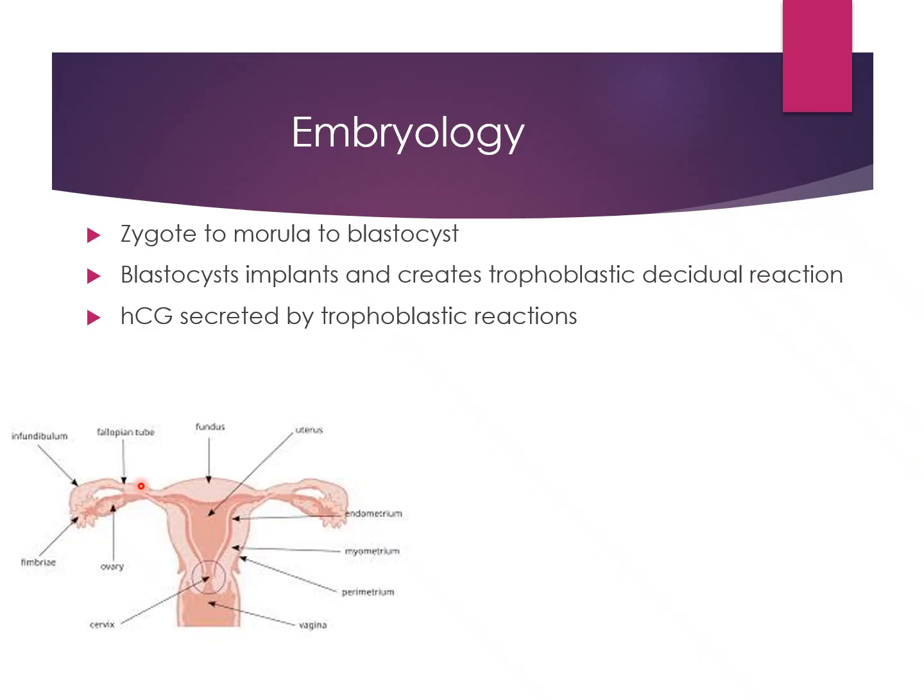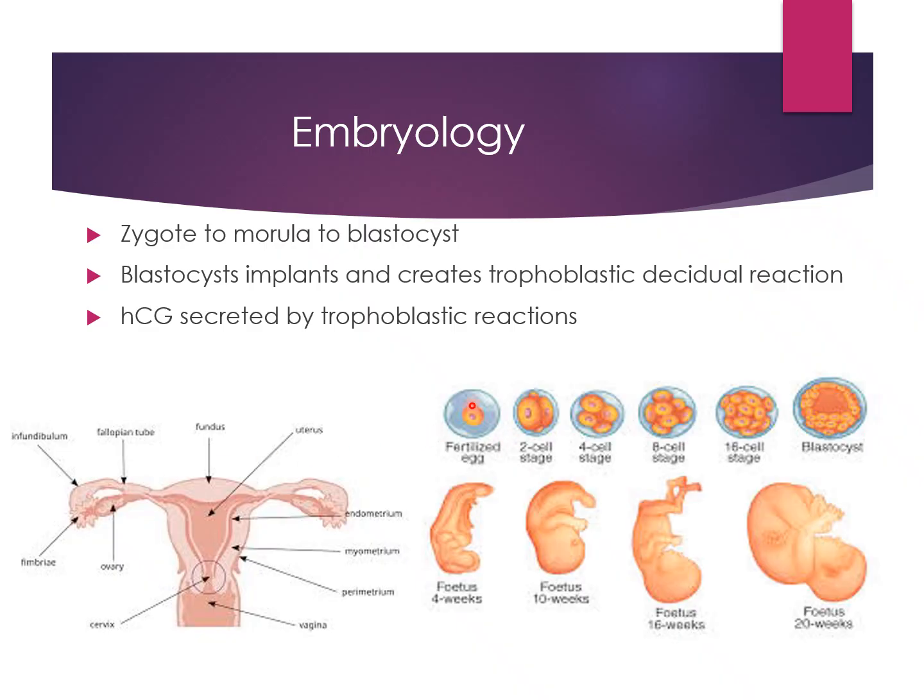So 23 and 23 come together, they fuse, we get 46 chromosomes. This is the start of the zygote. So here we have our fertilized egg. It is 46, it's a diploid cell, and we call it a zygote at this point.